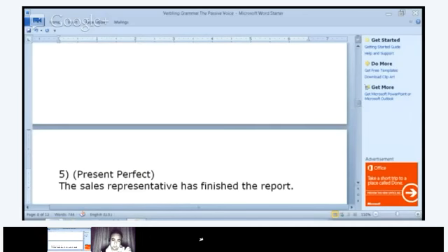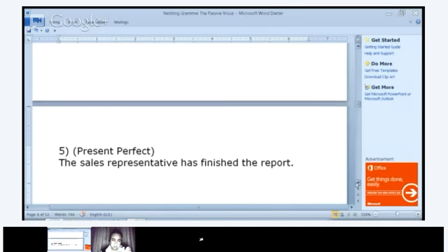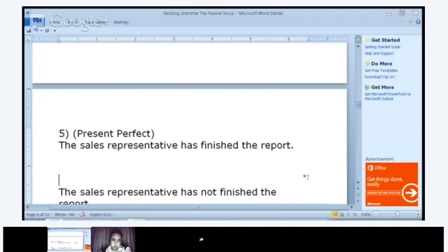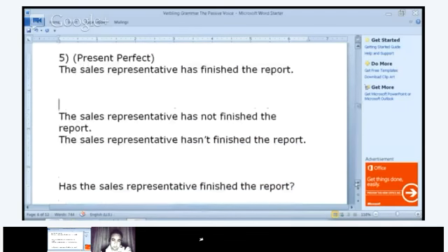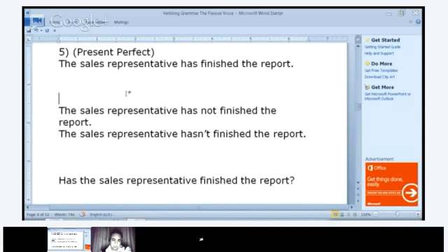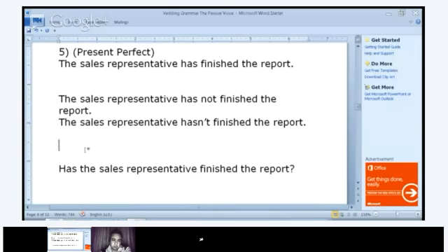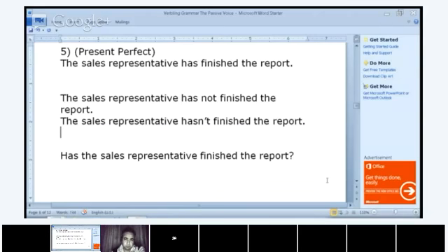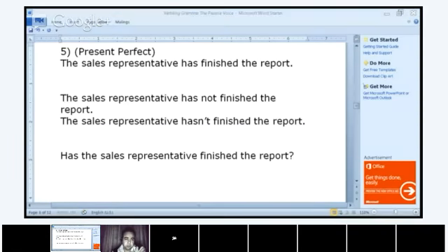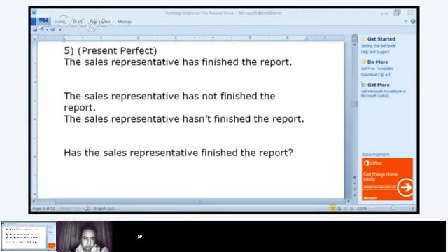Now, I hope you're starting to work on the passive voice versions of these. And now, in this situation, we know that the sales representative writes the report. And then, Mine, another answer to your question is, maybe we need to give some negative information, like the sales representative has not finished the report, but we don't want to criticize the sales representative directly.